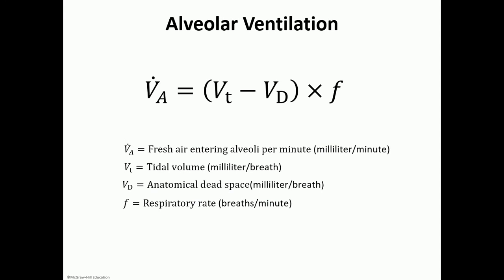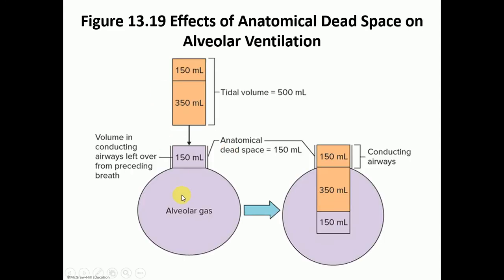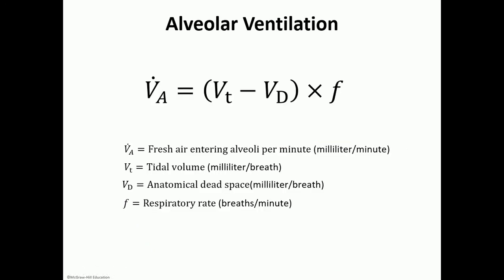So alveolar ventilation. If you want to calculate how much air is reaching the alveoli per minute, you would have to subtract the whole tidal volume minus that anatomical dead space to get to that 350, and then multiply it by the breathing rate per minute.